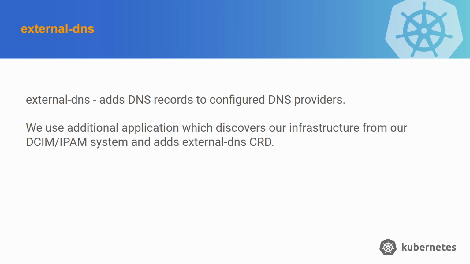Upon installation they all get registered in our system, and then we have an additional application which discovers that infrastructure from that system and adds DNSEndpoint custom resources in the cluster, and then external DNS configures those DNS records based on the label sets, depending on which cloud provider it needs to configure.